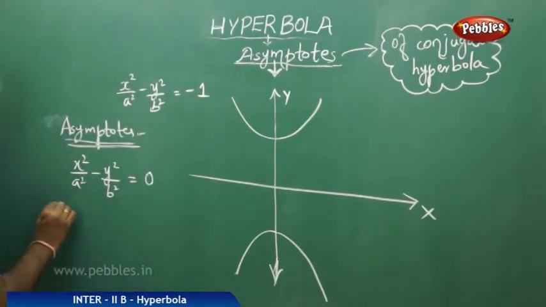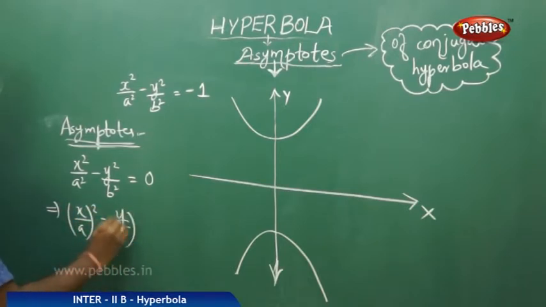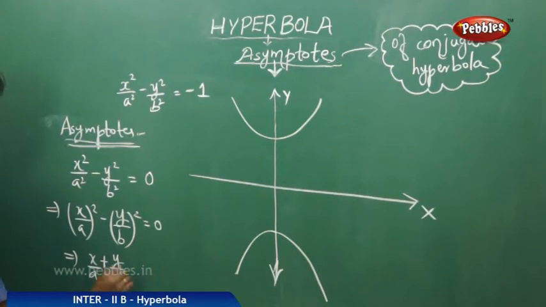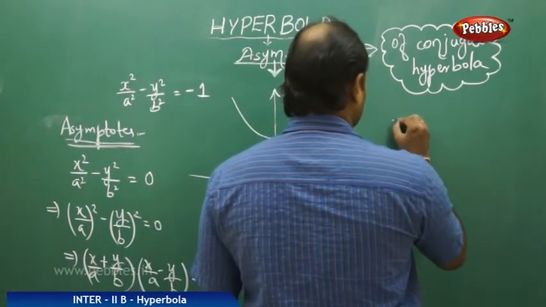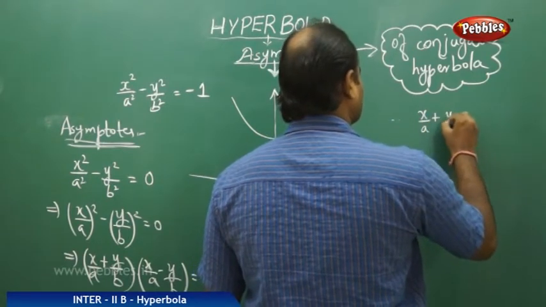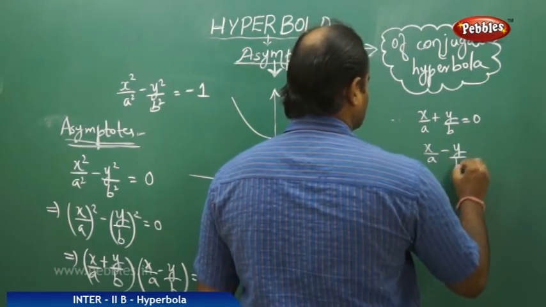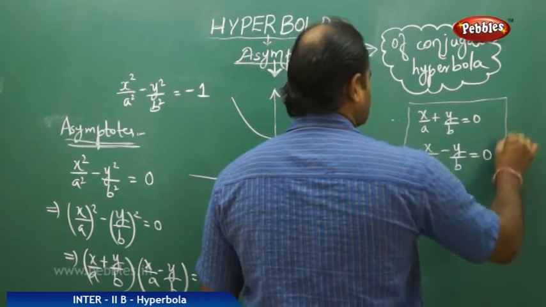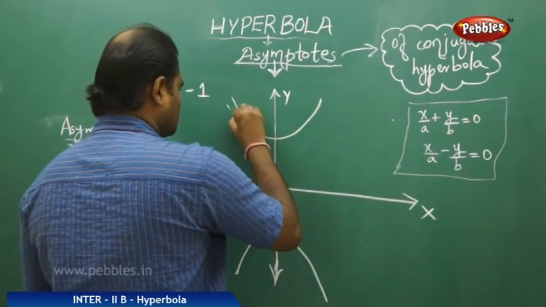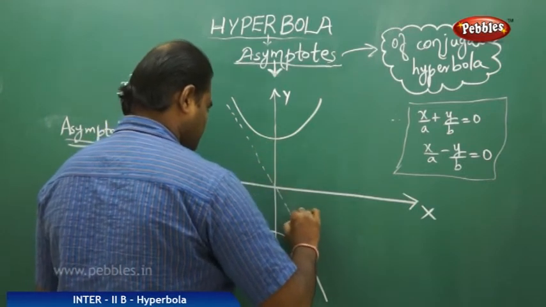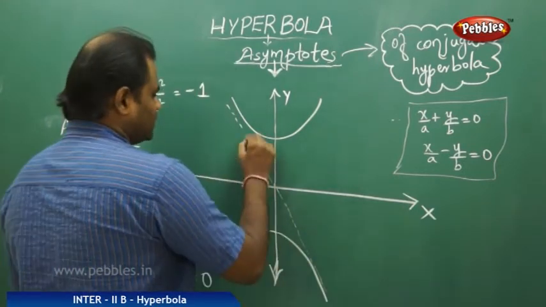That is, when I take this in the form x by a whole square minus y by b whole square equal to 0, then this is x by a plus y by b times x by a minus y by b equal to 0, which on splitting gives the two lines equal to 0, which are the asymptotes passing through the origin with the asymptotic behavior.